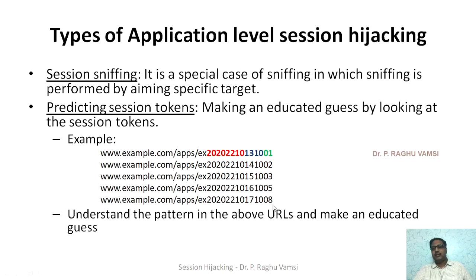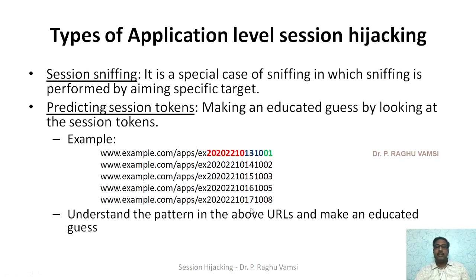If an attacker is somewhat well experienced, he has to make a guess what could be the next session ID generated by the server. The next session ID may be ex 20202210 1810, because this particular pattern is incrementing by 100.